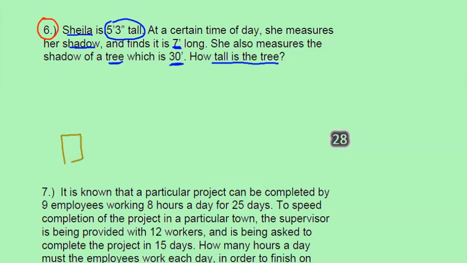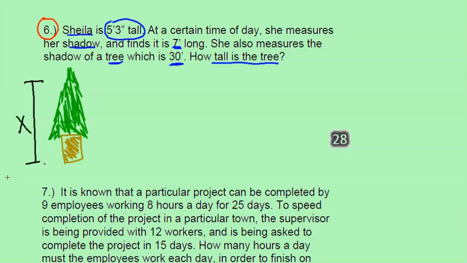So let's draw the tree. And the tree is, we don't know how tall that is, so we'll just put X. Okay, we know that the shadow of the tree is going to be 30 feet.